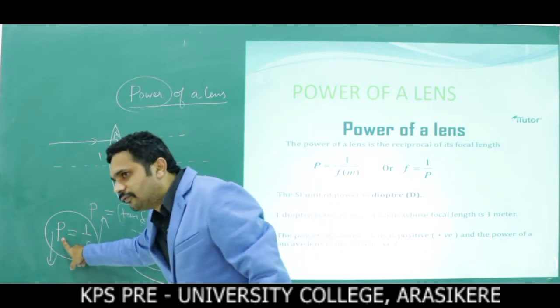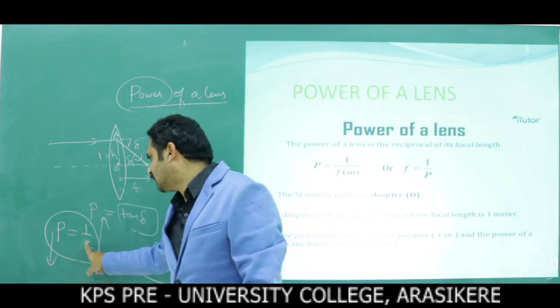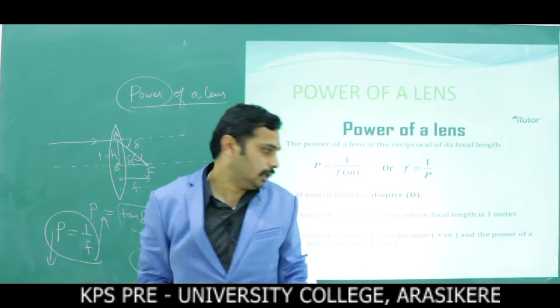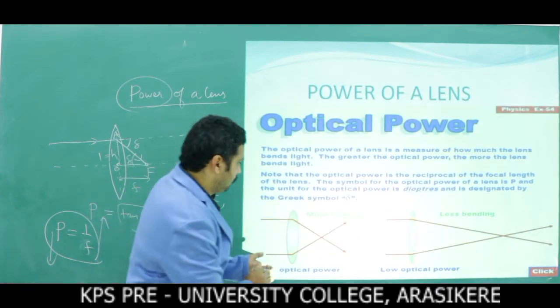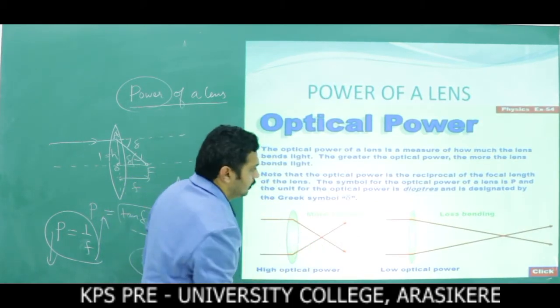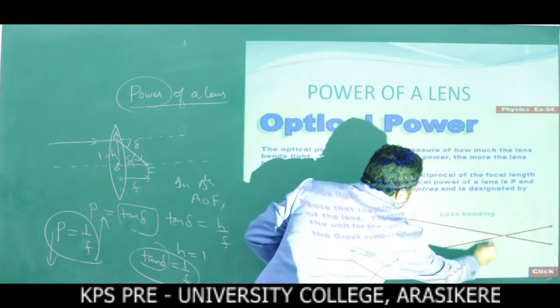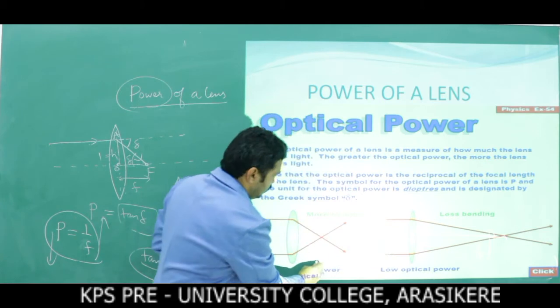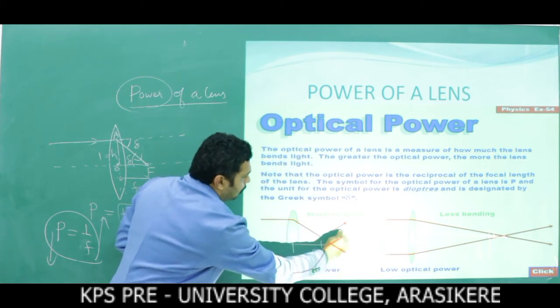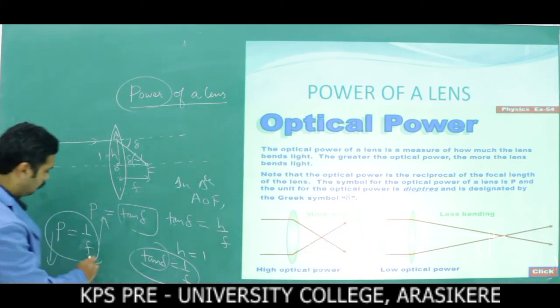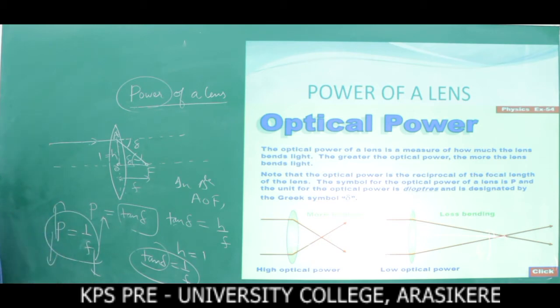Or the power of a lens is also defined as the reciprocal of focal length. Here the focal length is more, power is less. Here the focal length is less, power is more.